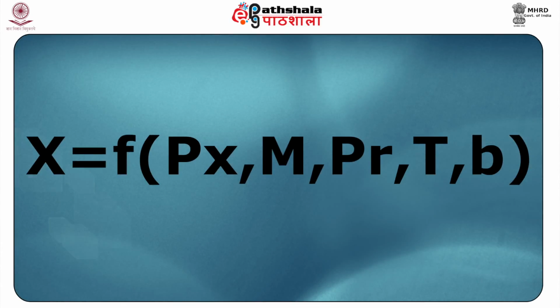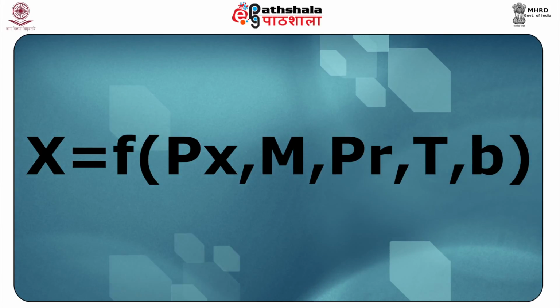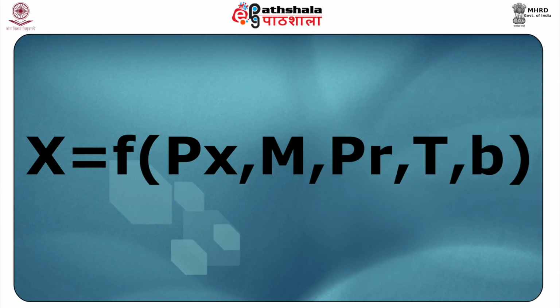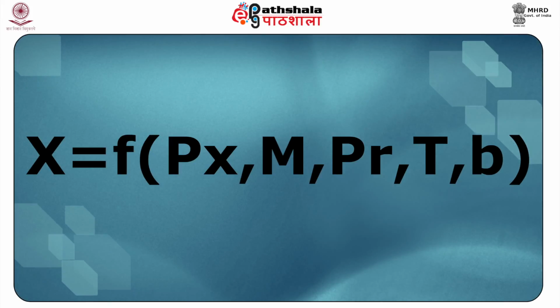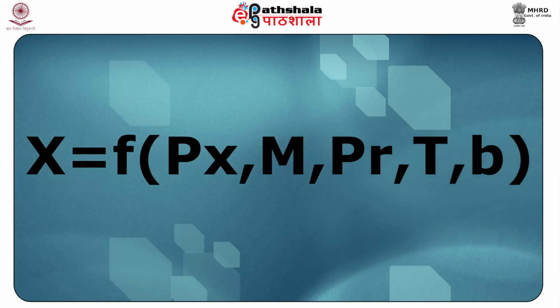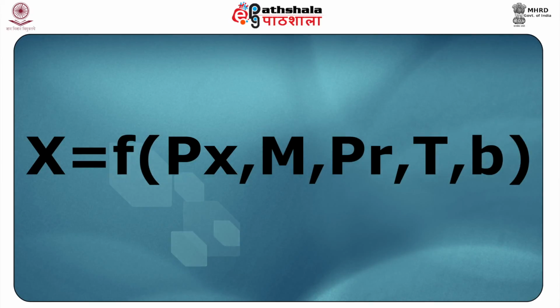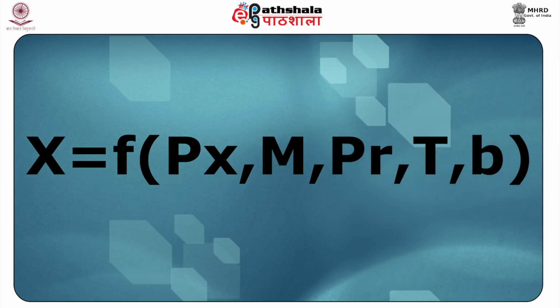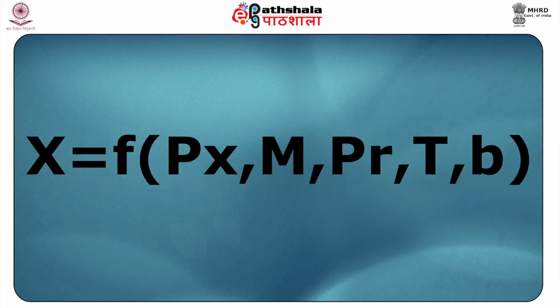Considering the determinants of the demand of a good X, that is its own price Px, income M, the prices of the related goods, that is Pr, taste and preferences T, and the number of buyers B, a general demand function can be written as X is equal to function of Px, M, Pr, T and B.